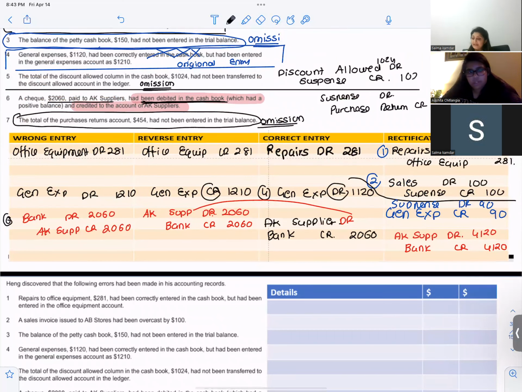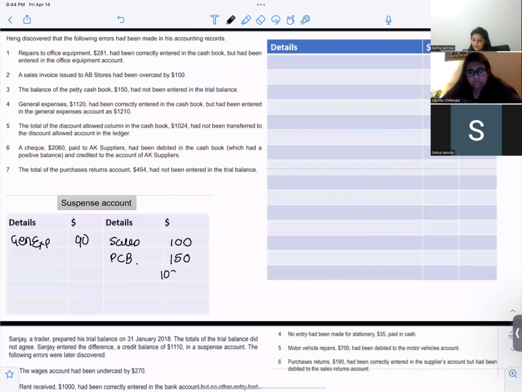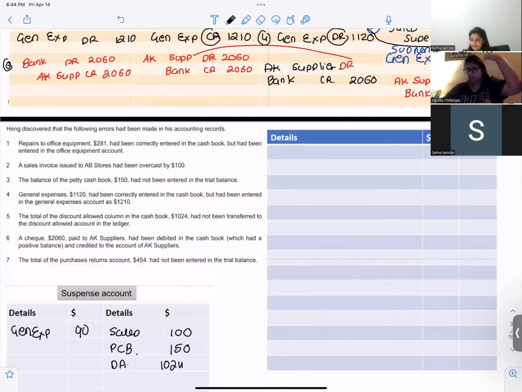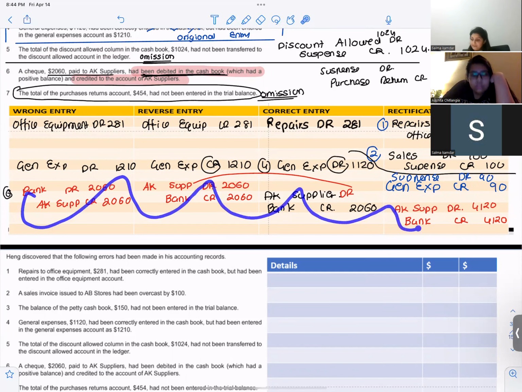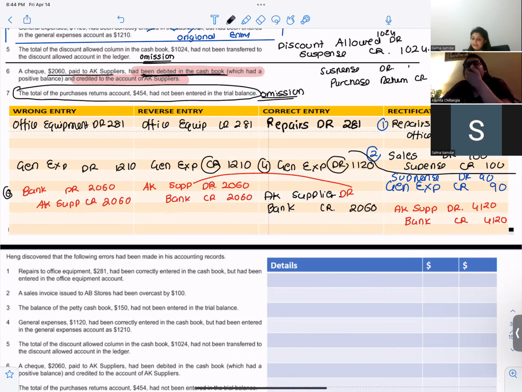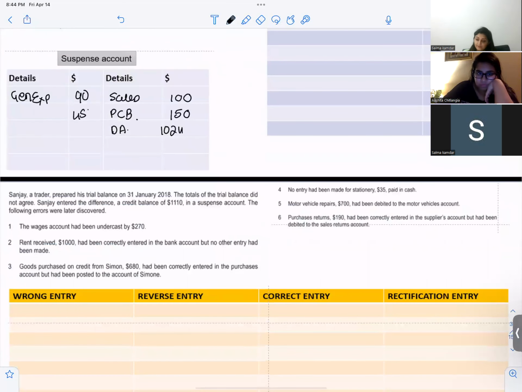Suspense is credit by 1024, discount allowed. Sixth entry, there is nothing for suspense in the sixth one. Seventh one. Suspense is debit by 454, purchase return.